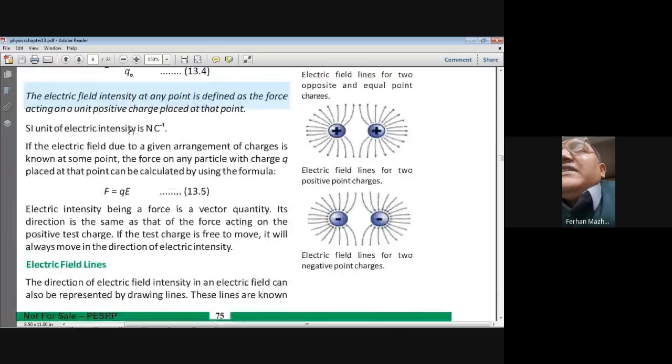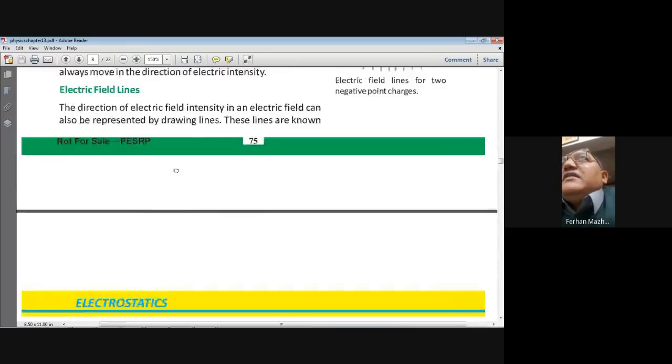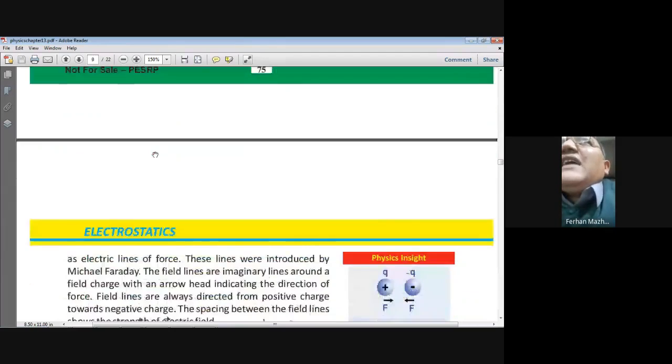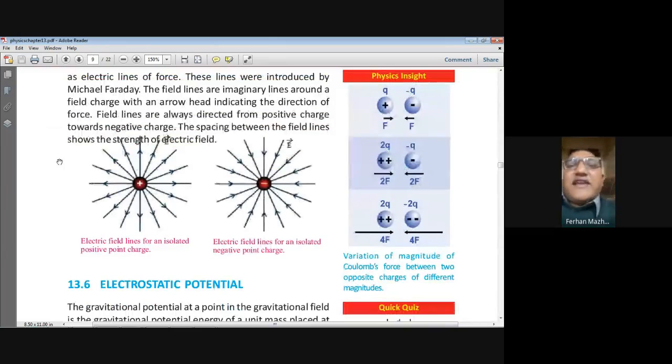You will find these diagrams also in your own book, Physics Matters. Okay. So it says, electric field lines. The direction of the electric field intensity in an electric field can also be represented by drawing lines. These are imaginary lines. These lines are known as electric lines of force.